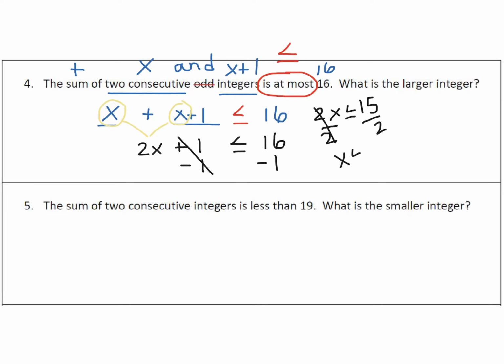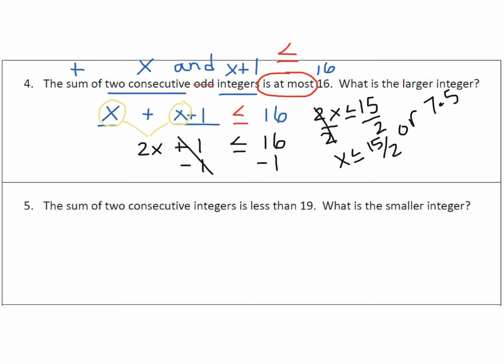Okay, x is less than or equal to 15 halves, which is the same as 7 and a half, which I'm going to write as a decimal. You could also write that as 7 and 1/2 as a mixed number. All right, I now want to look at my question again.